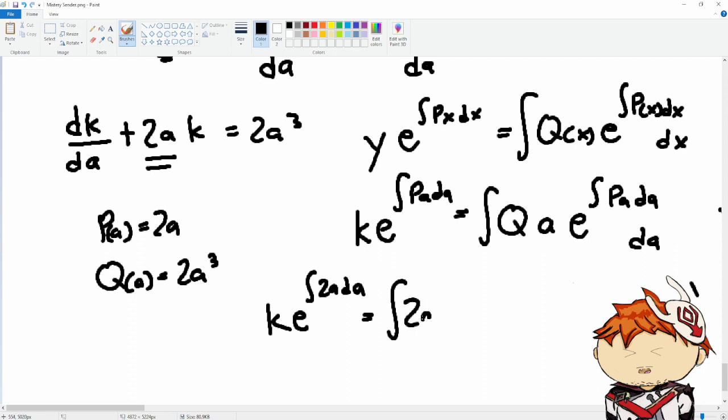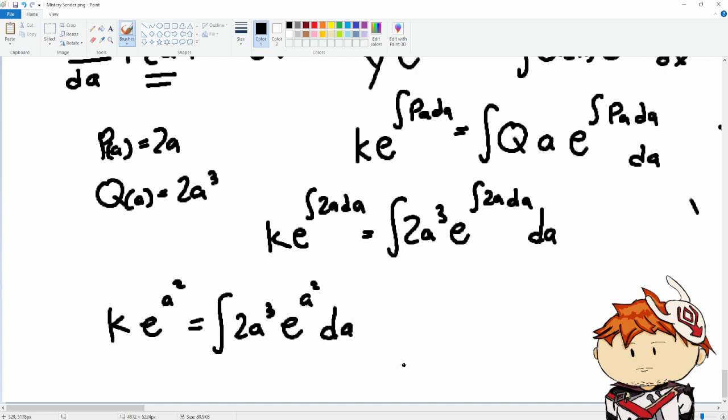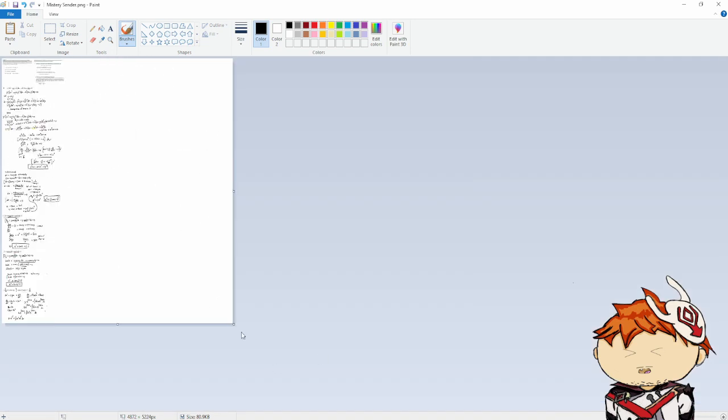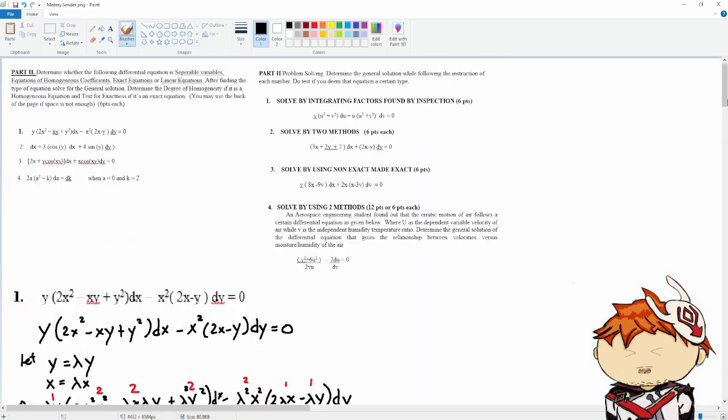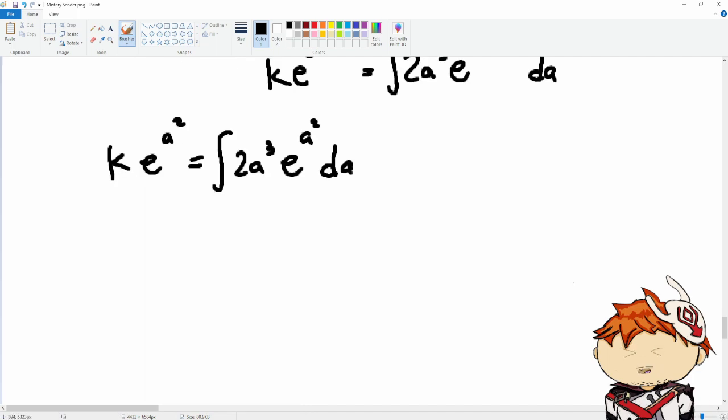So this will become k e^(A squared) is equal to the integral of 2A cubed e^(A squared) dA. Let's get more space so we can solve this.